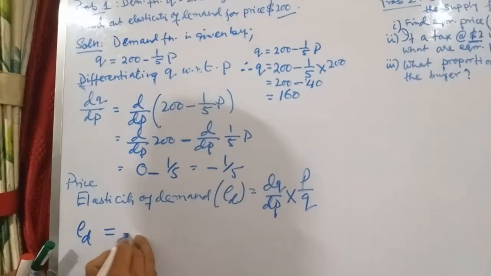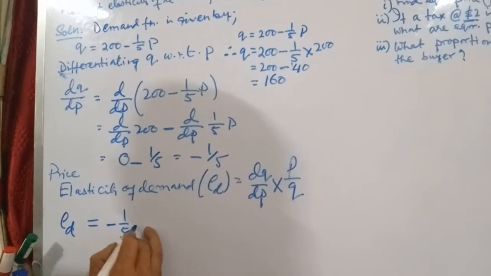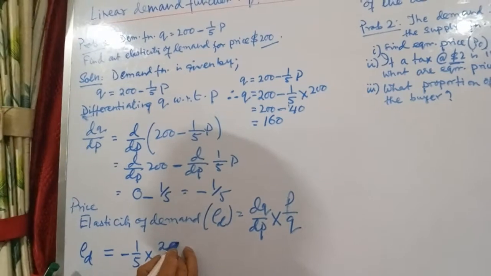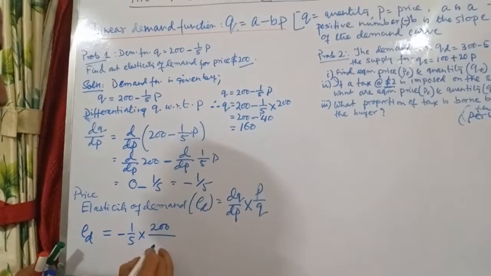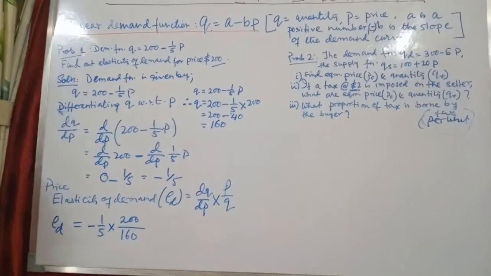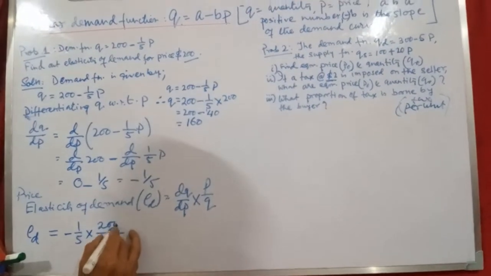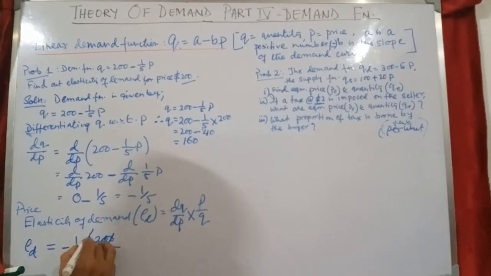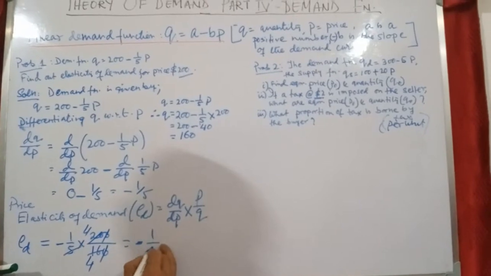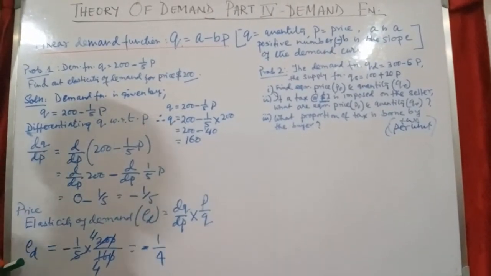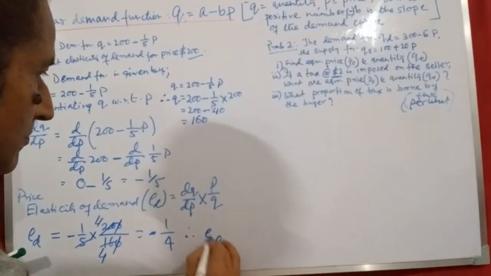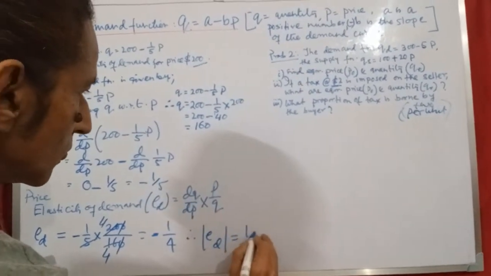ED equals minus 1 by 5 into P by Q, P is 200 and Q is 160, equals minus 1 by 4. Therefore, ED equals 1 by 4.